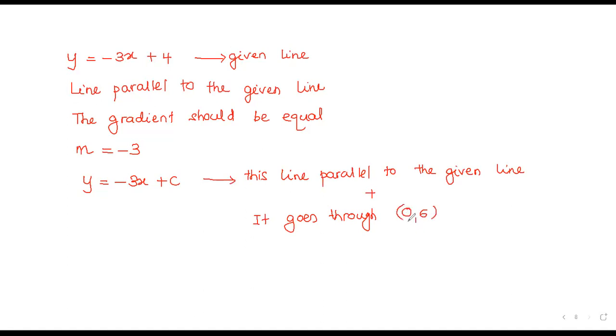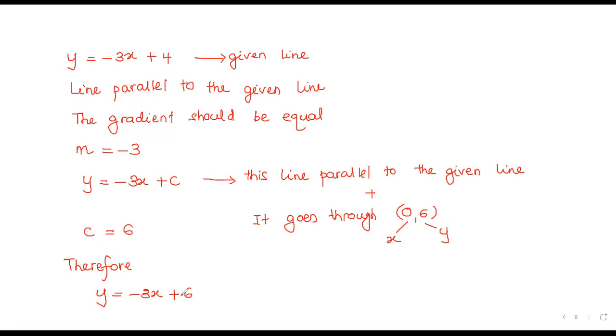That means when the x value is 0, the y value is 6, so the y-intercept is 6, my children. Therefore, the line parallel to the given line will be y equal to negative 3x plus 6.